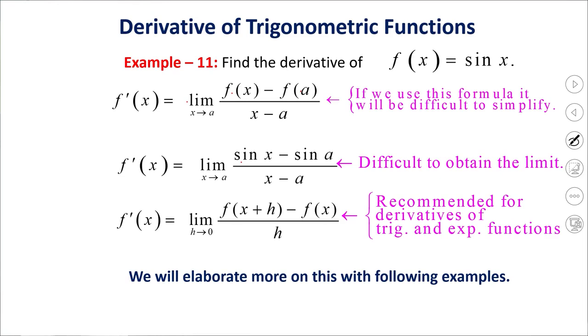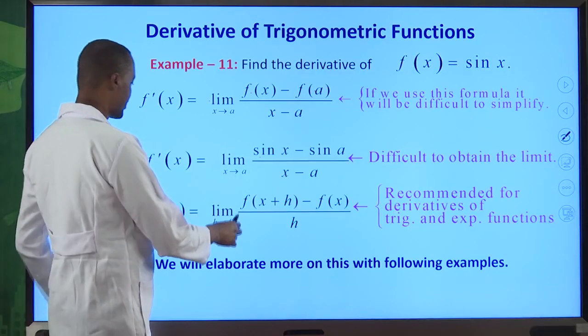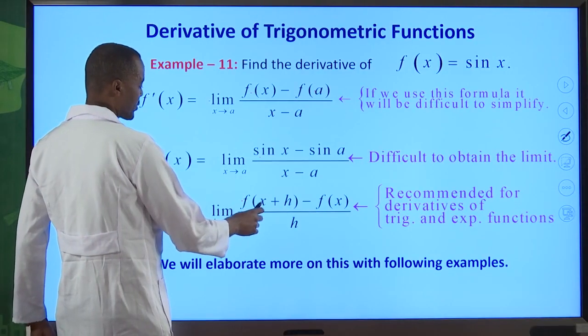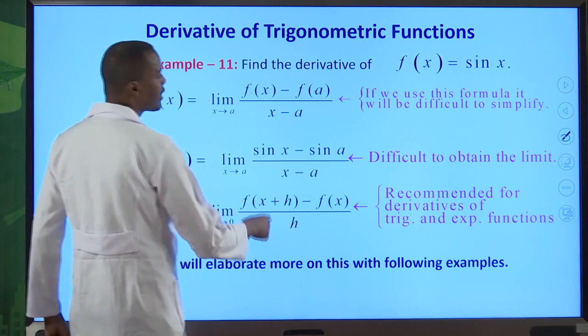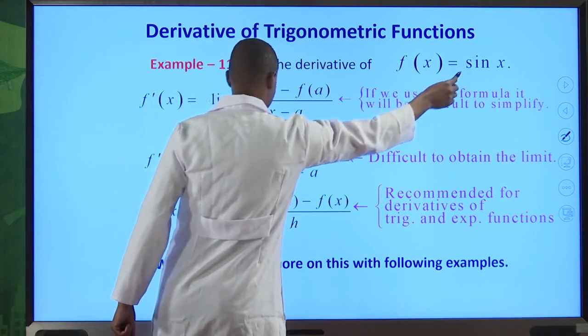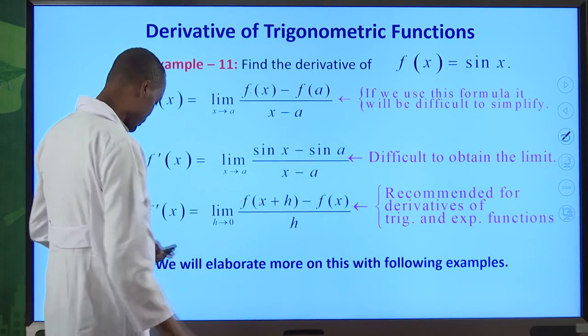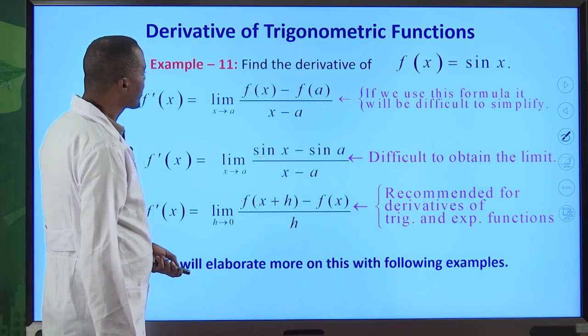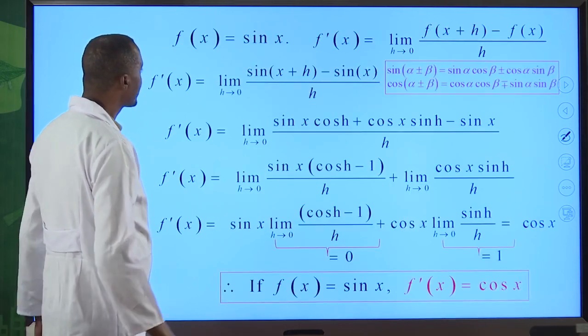But rather, if I use the other alternative for the derivative of an exponential and a trigonometric function, f of x plus h minus f of x over h, if I substitute sine x into there, at least I can use the sum of angles formula to expand my trigonometry.